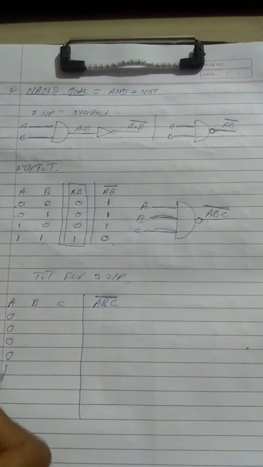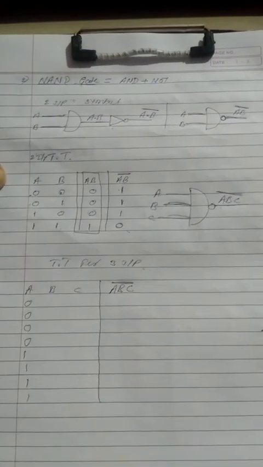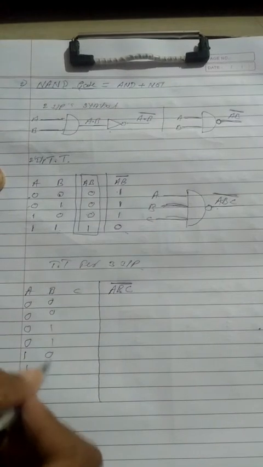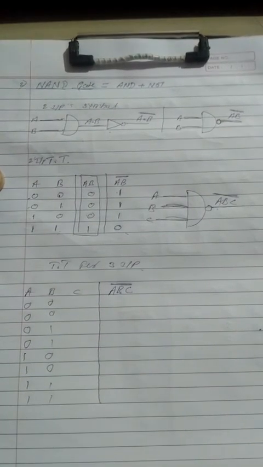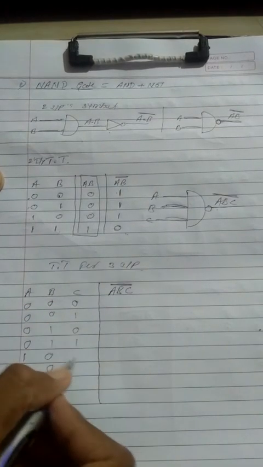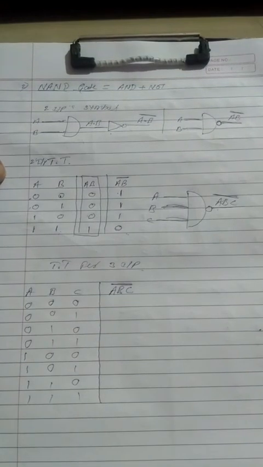The different possible inputs: for the first column, 4 zeros and 4 ones. Next, 2 zeros, 2 ones, 2 zeros, 2 ones. Then the third is 0 1, 0 1, 0 1, 0 1. These are the different possible inputs.